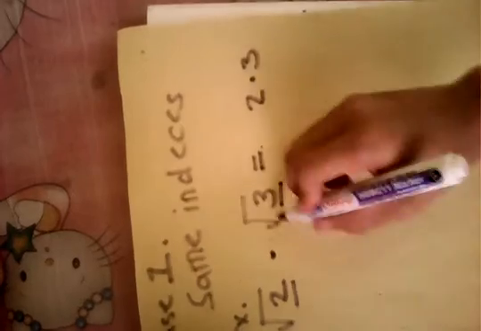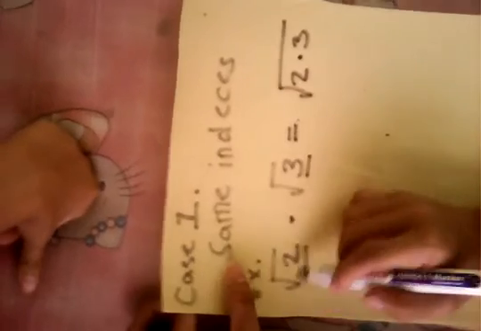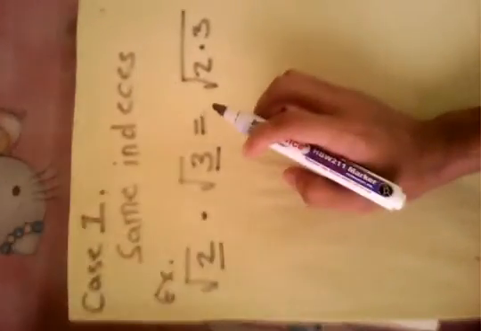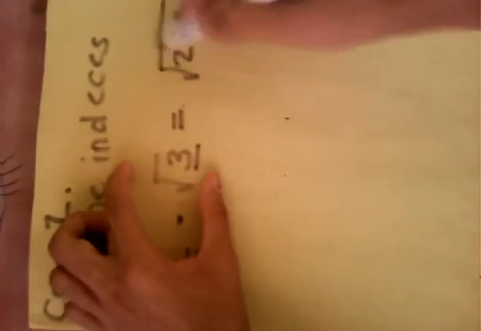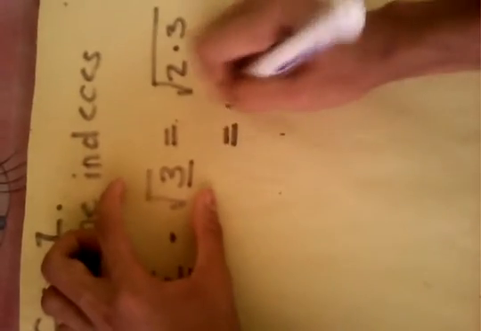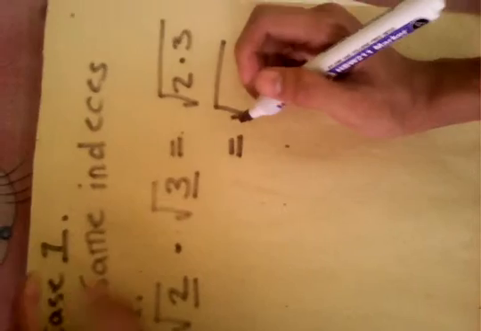Then copy the root and indexes. When we don't see any number on the index, it simply means that it is a square root. So square root of 2 times 3. So what is the square root of 2 times 3? It's square root of 6.